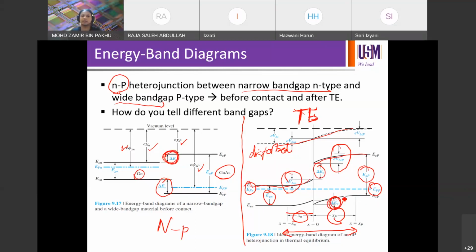Pretty much the same information needs to be retained after thermal equilibrium, except you have to beware of a single chemical potential, the Fermi level, and the rest should follow accordingly. And then you need to also label the depletion width and space charge.